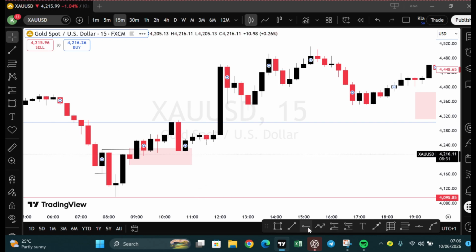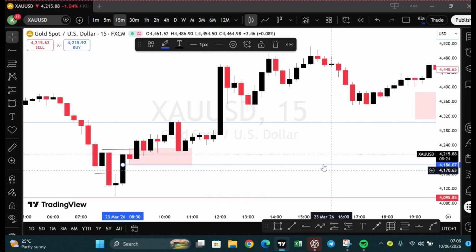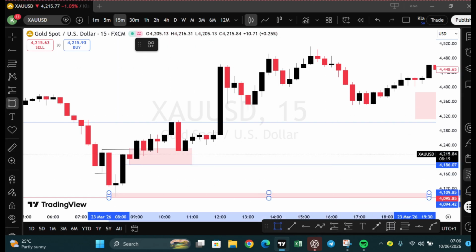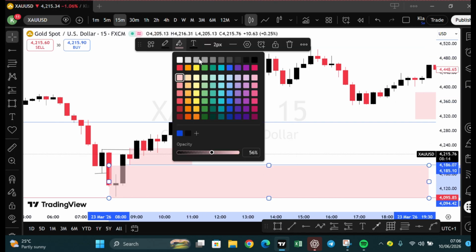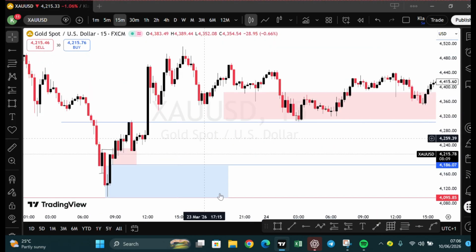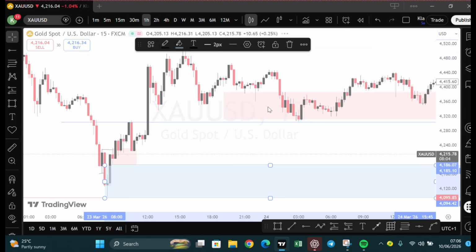Since this is the first bias, this is liquidity, and I feel like this liquidity has been taken out. So we now have a trade from here. We can start looking to buy gold. So anybody that is selling gold now is taking a huge risk, because gold is not going to sell until it takes out the opposing liquidity.